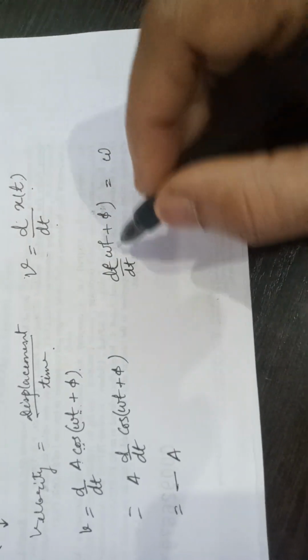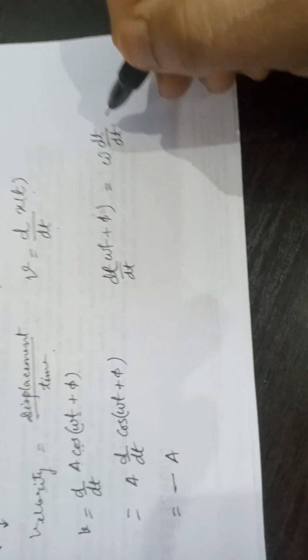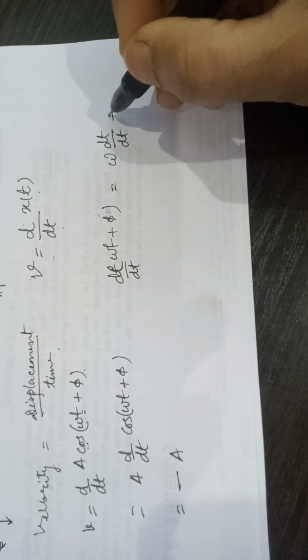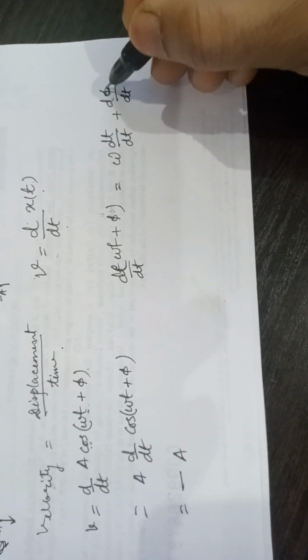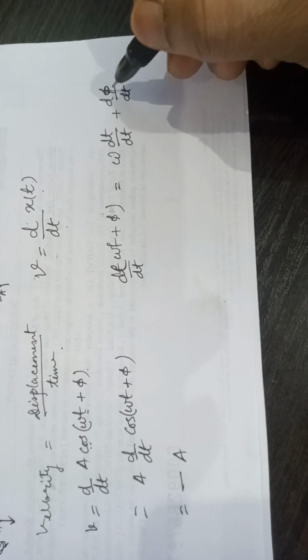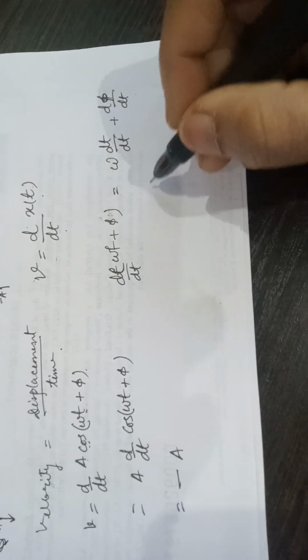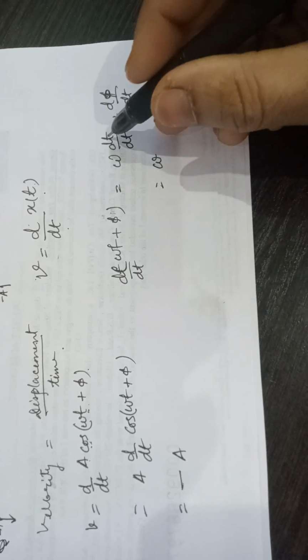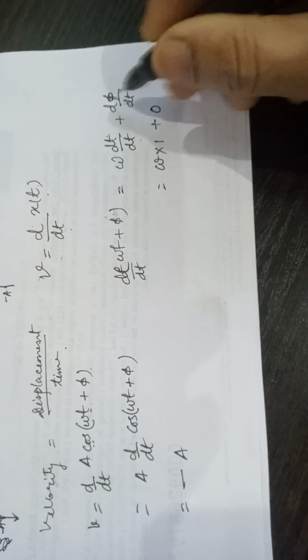Only omega we will get, and differentiation of time upon time. And differentiation of phi with respect to time is 0, because phi is an initial value and initial value remains constant with respect to time. So here we have omega, differentiation of time with respect to time gives us 1, and this value is 0.